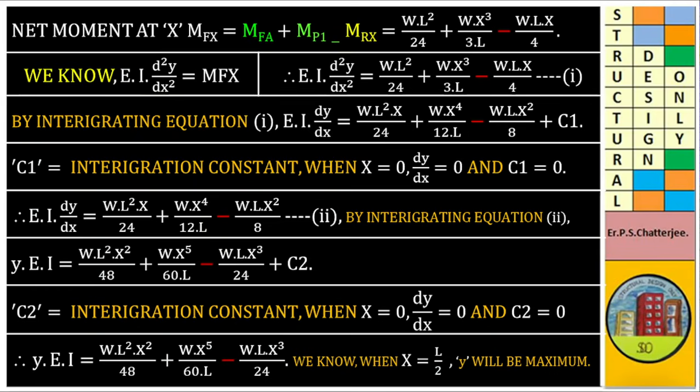When x is equal to 0, y is equal to 0, then C2 is equal to 0. Therefore, EI y is equal to WL square into x square divided by 48 plus W into x to the power 5 divided by 60L minus W into L x cube divided by 24. We know when x is equal to L by 2, y will be maximum.